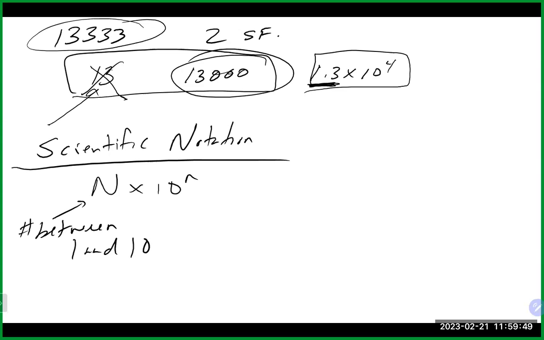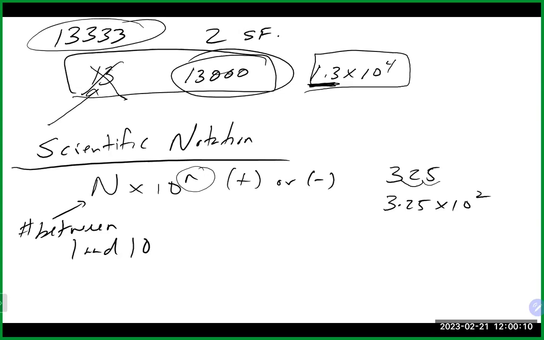It's got to be between 1 and 9 point something to be proper scientific notation. The exponent is positive or negative, depending on which way you move the decimal. So again, if we had 325 here, we would go 1, 2 places, 3.25 times 10 to the 2.